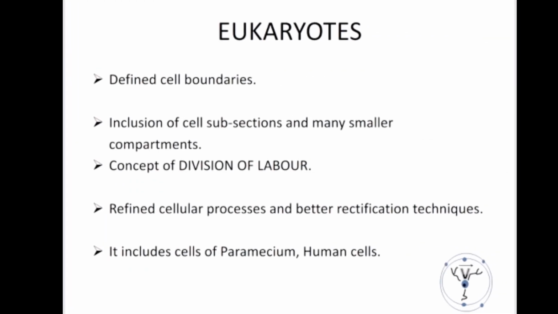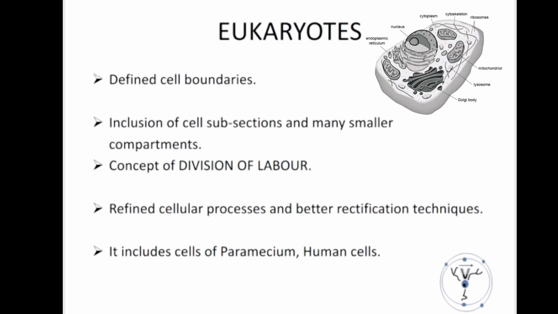Now if we compare the model of a basic eukaryotic cell with that of a prokaryotic form, the first and foremost difference that we observe is the presence of defined cell boundaries. Cell walls, cell envelopes, and cell membranes are specified cell boundaries that define the basic structure of a eukaryotic cell.